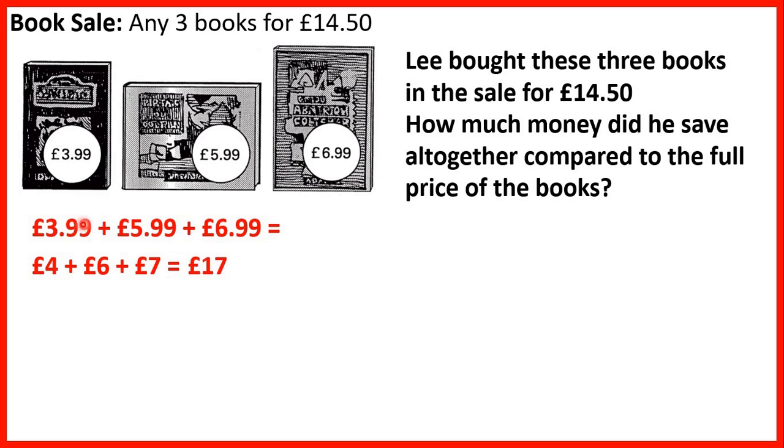So that's £17, but because the prices were 1 pence less for 3 things, we need to subtract 3 pence from £17. So £17 minus 3 pence is £16.97. So we know that the books would have cost £16.97 if they were not in the sale.